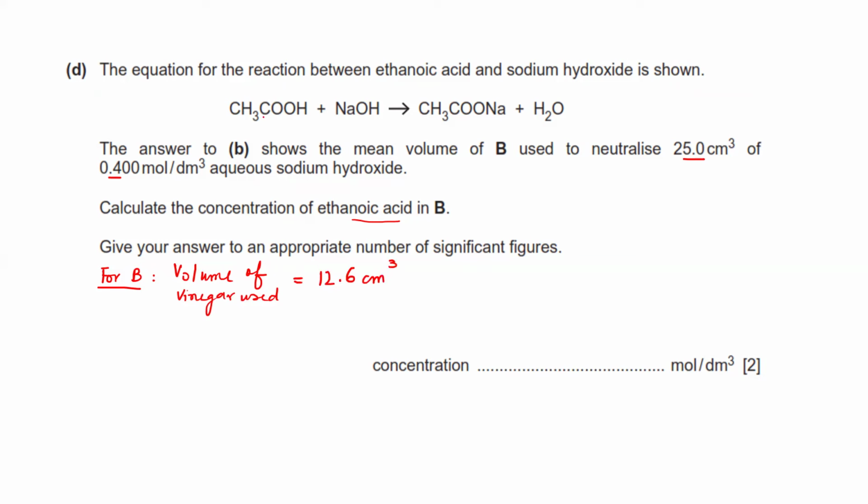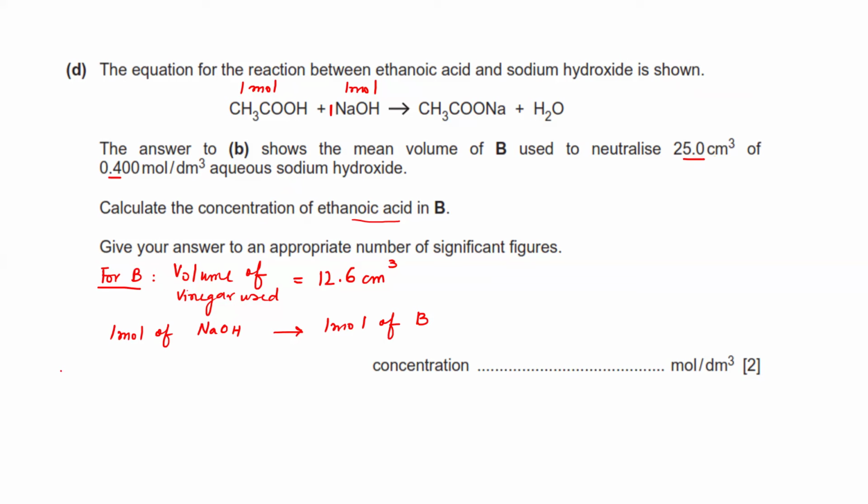From this equation, we can see that 1 mole of sodium hydroxide requires 1 mole of ethanoic acid to react. Now, how many moles do we have here?